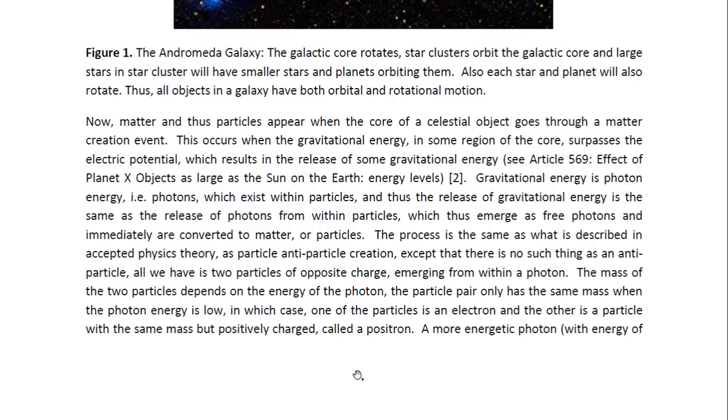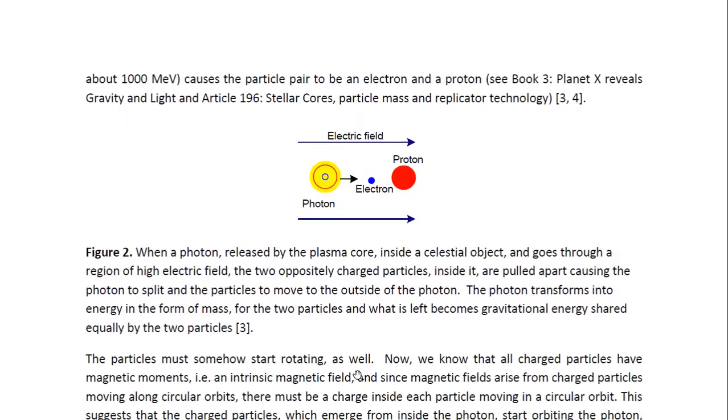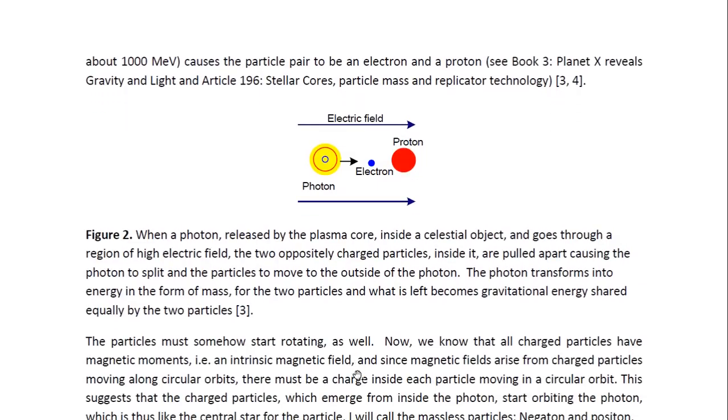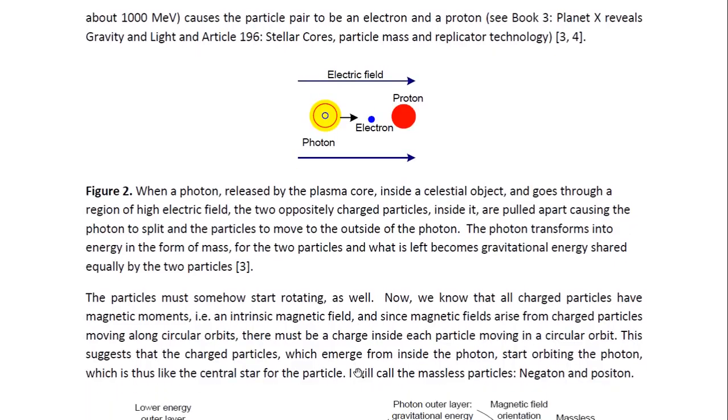A more energetic photon with an energy of about 1000 MeV causes the particle pair to be an electron and a proton. And you may look at Book 3 entitled Planet X Reveals Gravity and Light, and Article 196 entitled Stellar Cores, Particle Mass and Replicated Technology.